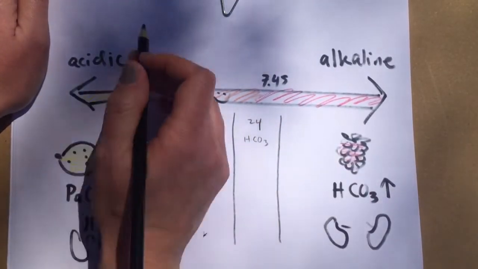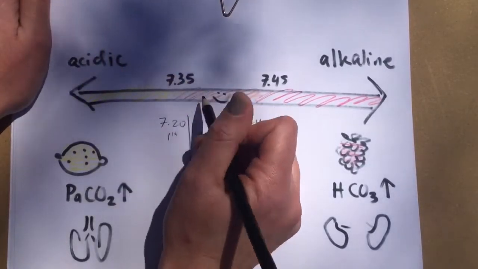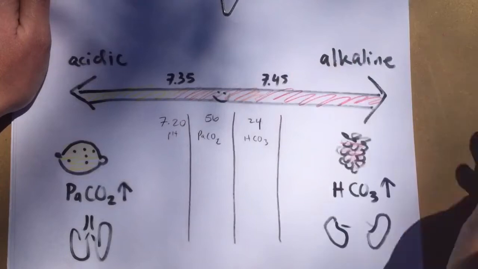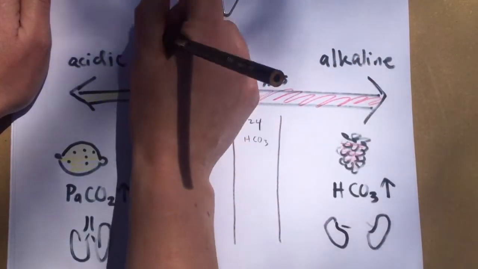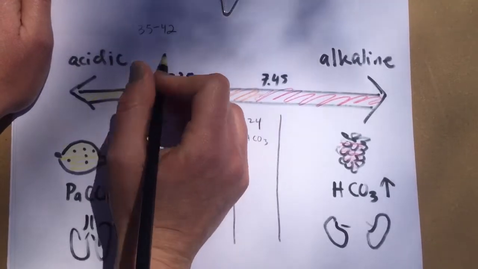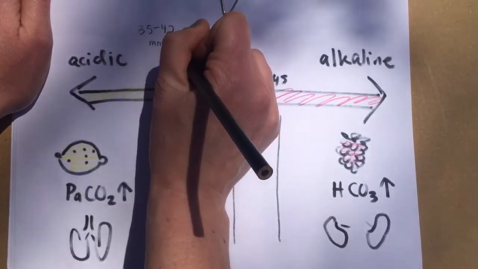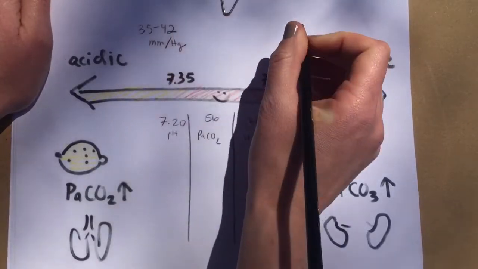Well, we remember that our normal ratios for PaCO2 are 35 to 42, and that's actually a measurement of pressure, millimeters of mercury.